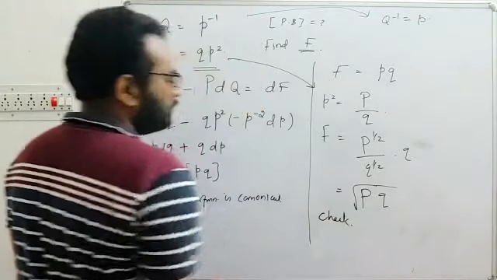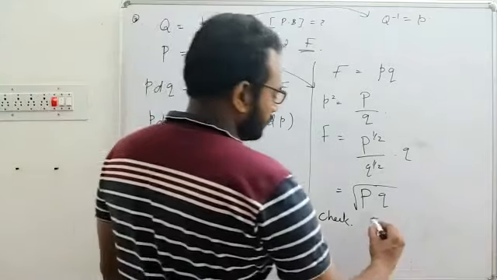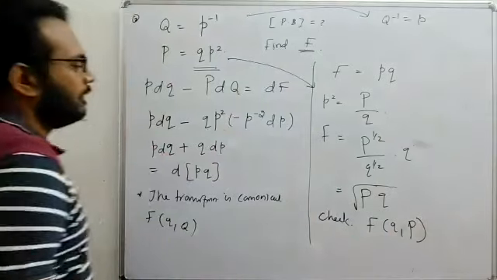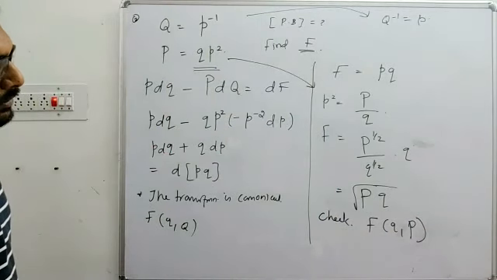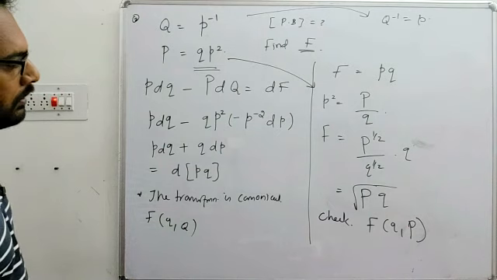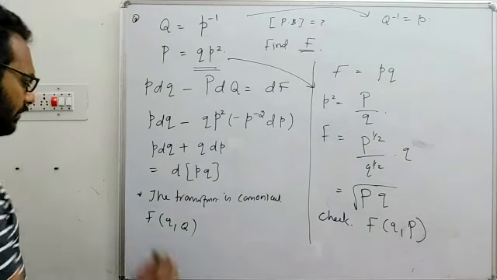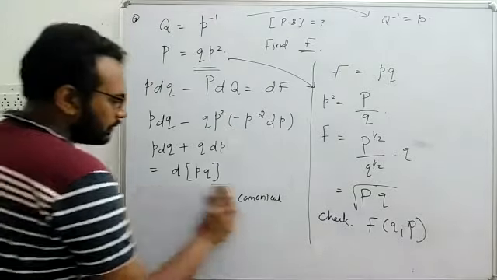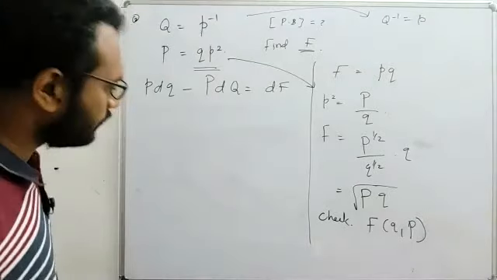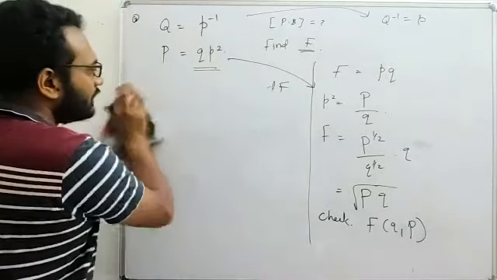This is F of capital P. I think you can check that. Let's go to the next one. Check whether this reproduces, this gives you this transformation.